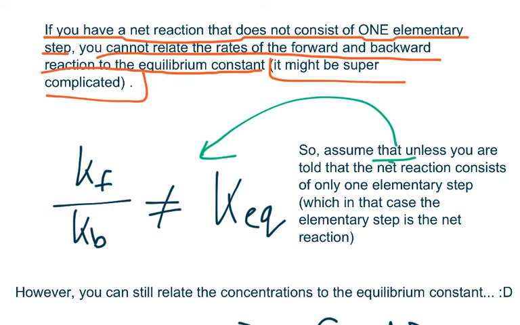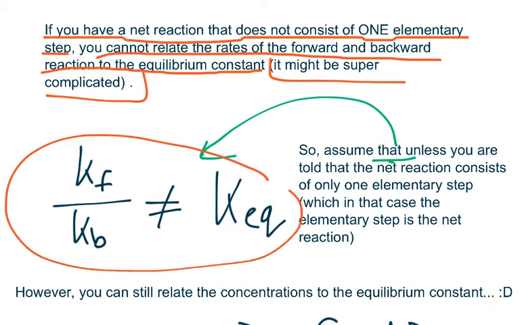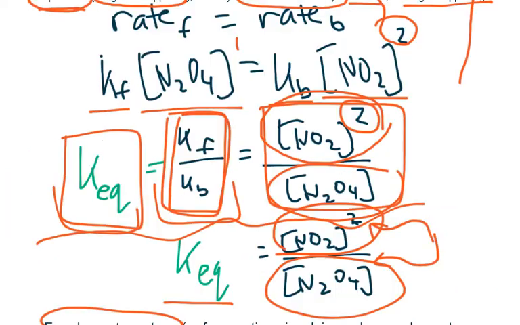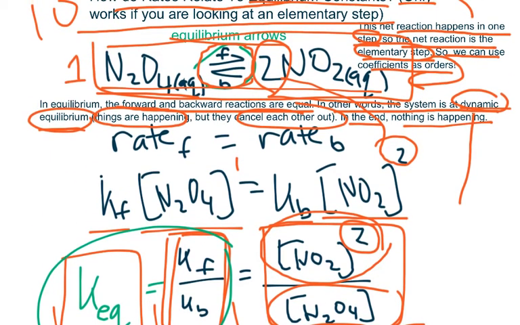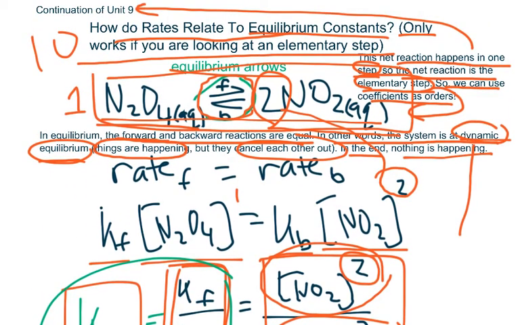So for most purposes, assume that Kf over Kb is not equal to Keq, unless you are told that the net reaction consists of only one elementary step, and in that case, the elementary step is the net reaction. So all in all, this relationship between Keq and the rate constant is for a very niche situation where the elementary step is the net reaction.